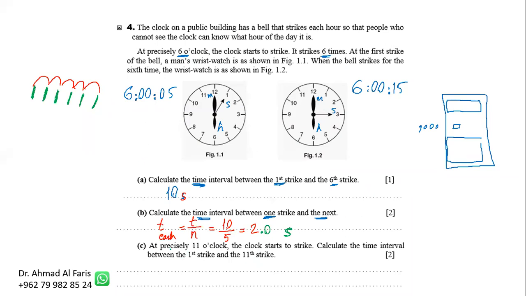Now, part C. What they said: at precisely 11 o'clock, the clock started to strike. Calculate the time interval between the first strike and the 11th strike. Let's repeat. At 11 o'clock, how many times does it strike? 1, 2, 3, 4, 5, 6, 7, 8, 9, 10, and 11 strikes. That means the time intervals are 1, 2, 3, 4, 5, 6, 7, 8, 9, 10.